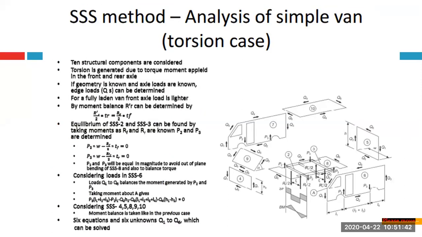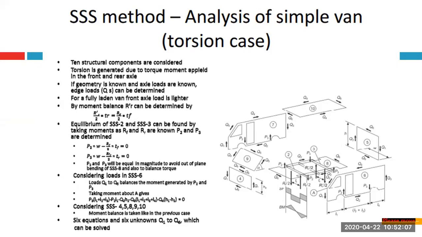The next part is analysis of a simple van for the torsion case. Whenever the van is subjected to torsion, we analyze it using the simple structural surface method. And in the last session, we analyze a saloon car using the simple structural surface method for bending.